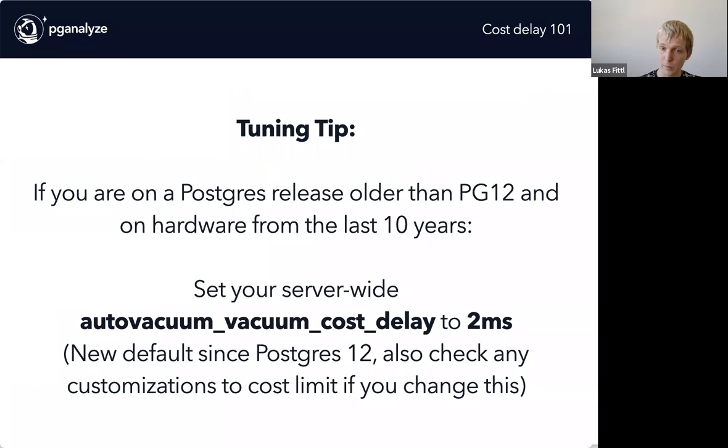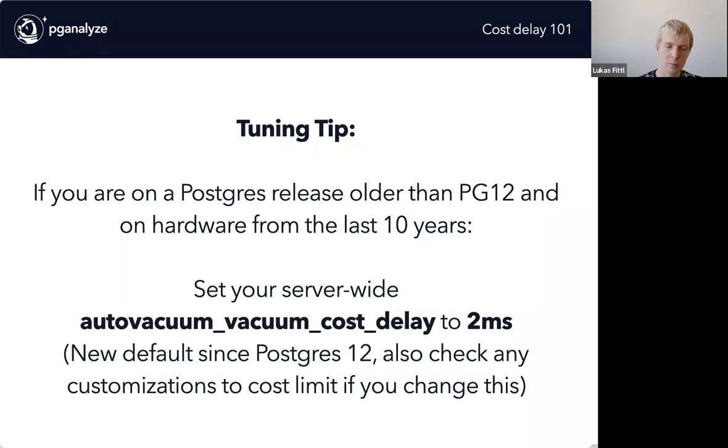Now, if you are on a Postgres release older than Postgres 12, hopefully that's not many of you today, and you have modern hardware, you should set your server-wide autovacuum vacuum cost delay to 2 milliseconds, because this is what Postgres itself changed in the Postgres 12 release.